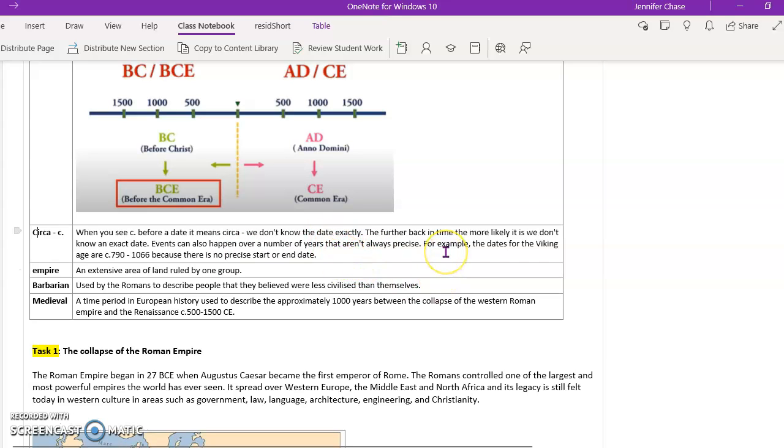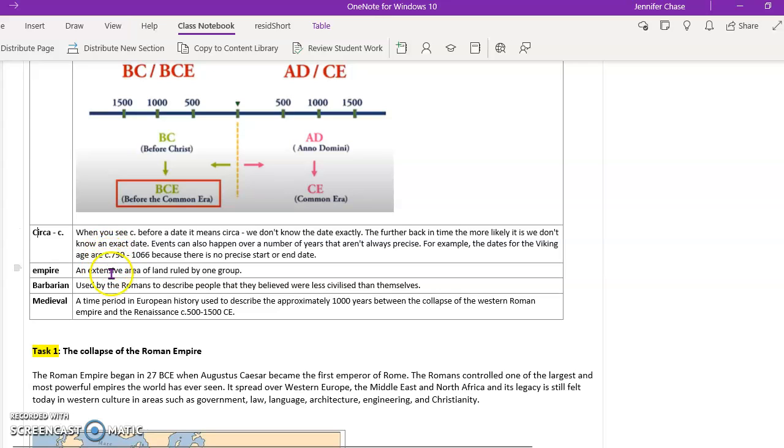The further back in time that we go in history, the more likely it is that we don't know the exact date because there may not be written records for things. And also, of course, events can happen over a number of years and they aren't always precise. So, for example, the dates for the Viking Age are circa 790 to 1066, but there's no start and end date precisely. So c. just means roughly.